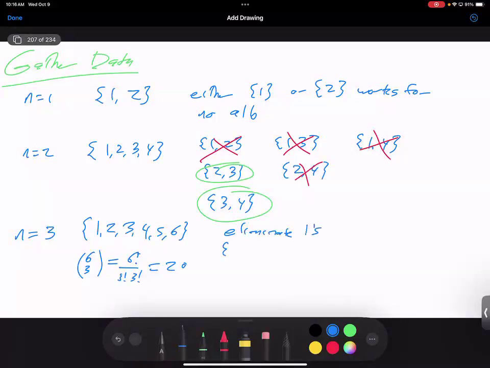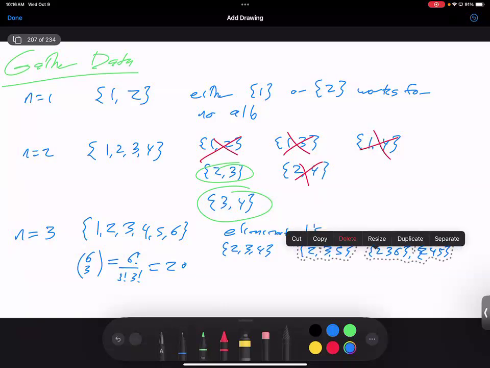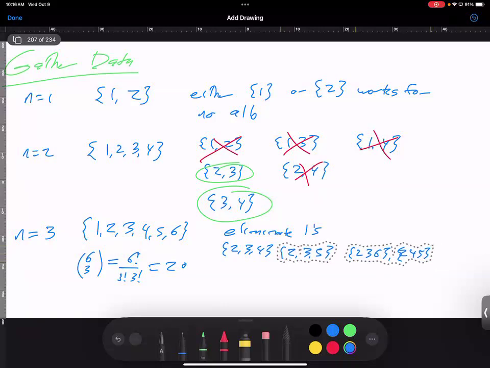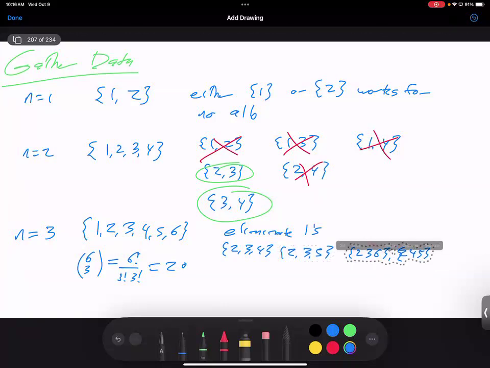And then we'll have 2, 3, 4; 2, 3, 5; 2, 3, 6; 2, 4, 5. All right, and then please let me know if I'm missing anything.